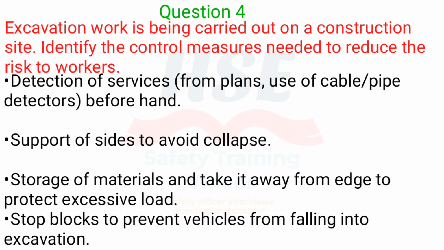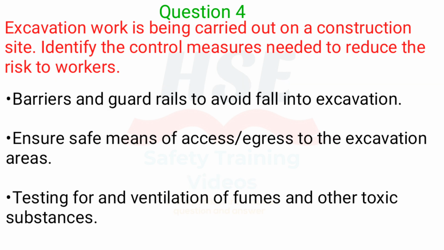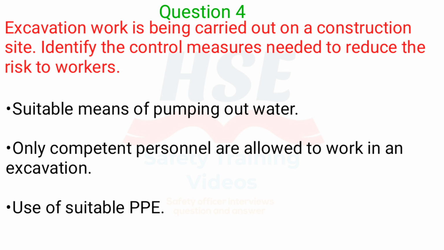Stop blocks to prevent vehicles from falling into the excavation. Barriers and guard rails to avoid falls into the excavation. Ensure safe means of access and egress to the excavation areas. Testing for and ventilation of fumes and other toxic substances. Suitable means of pumping out water. Only competent personnel are allowed to work in an excavation. Use of suitable PPE.